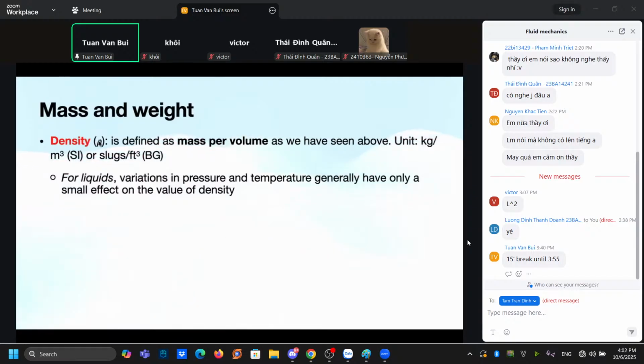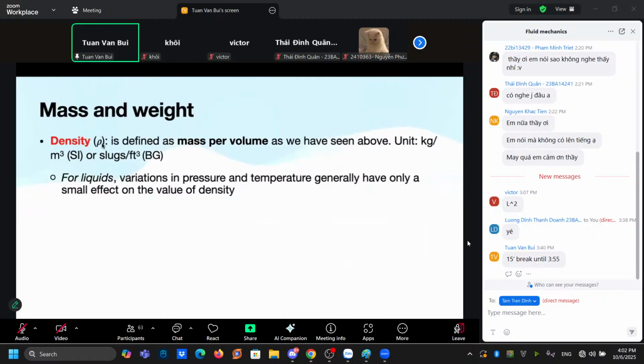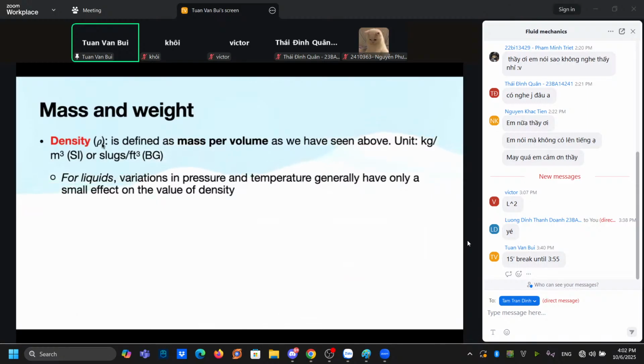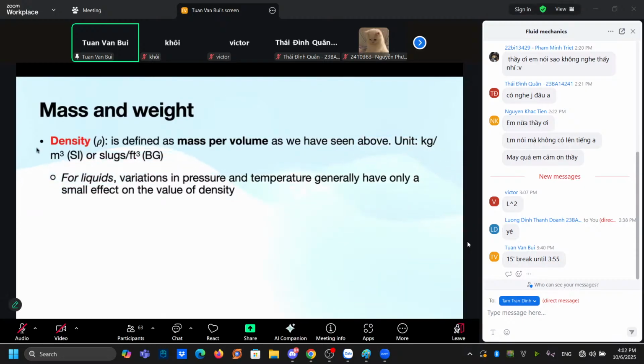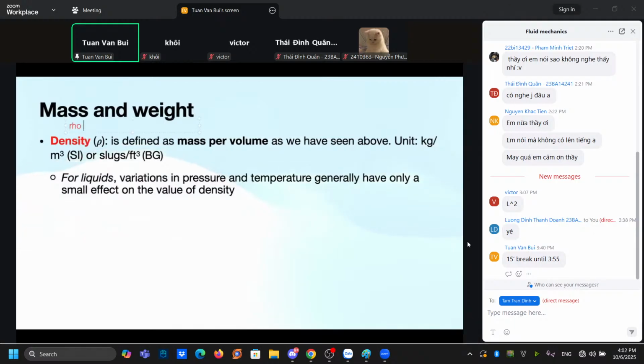So note that in most English textbooks, you will see that they use the letter rho for density, the Greek alphabet rho.